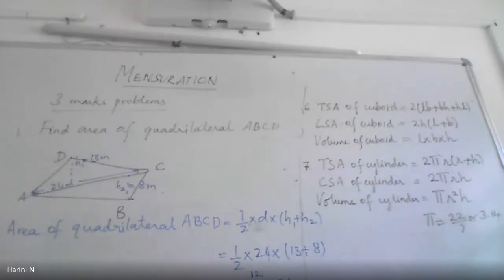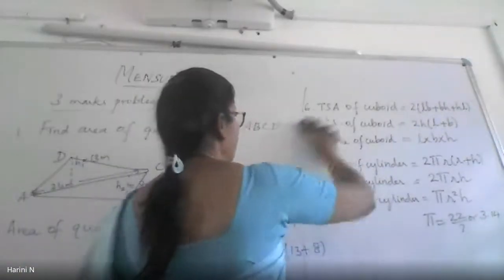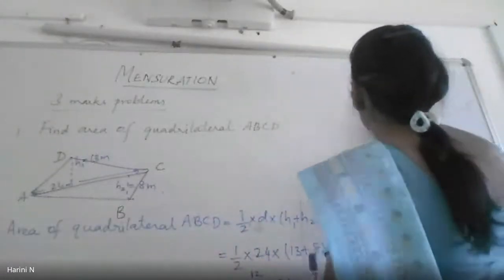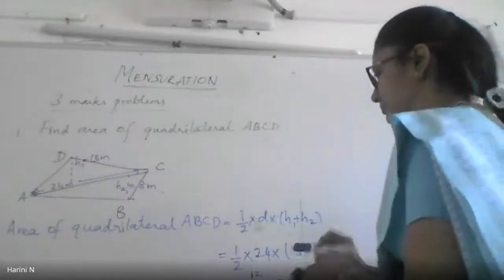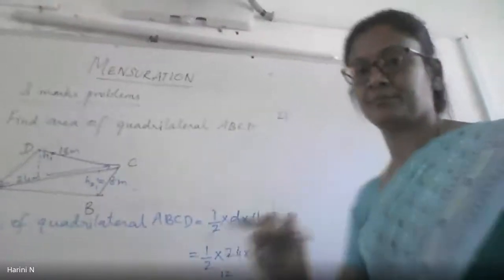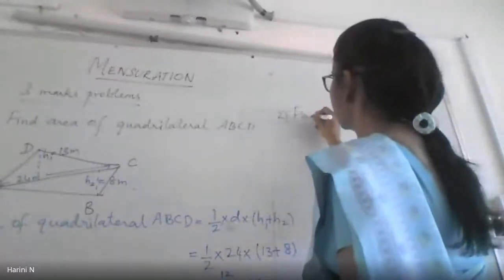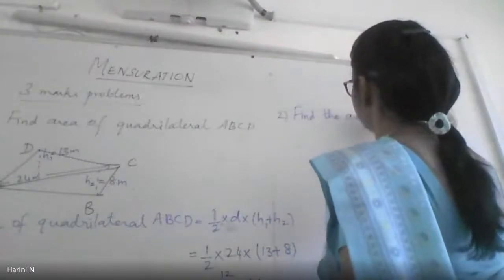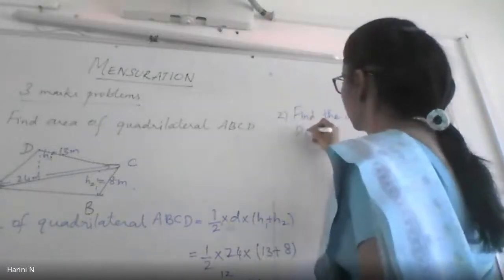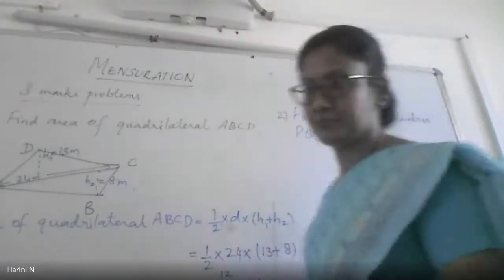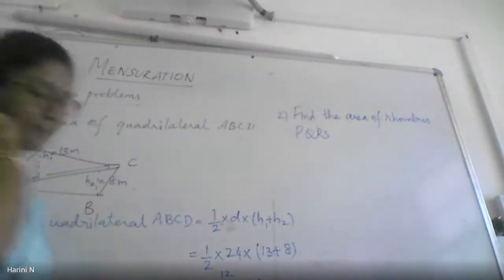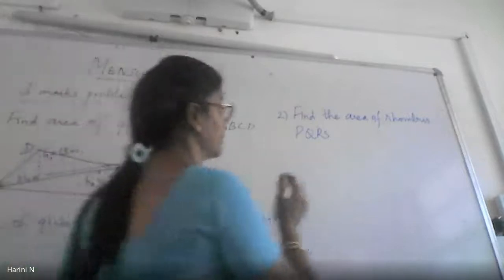We move on to that side of the board. Find the area of the rhombus PQRS, whose diagonals are 7.5 centimeters and 12 centimeters.